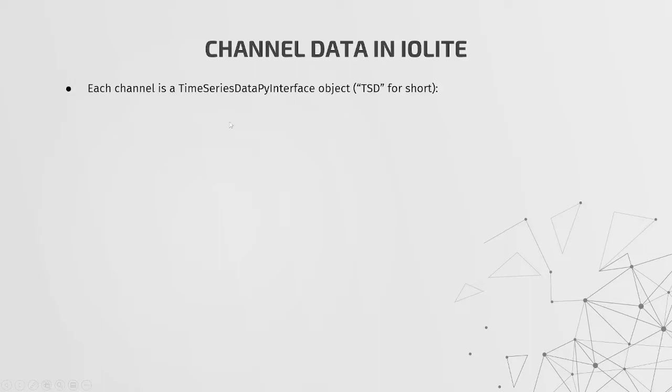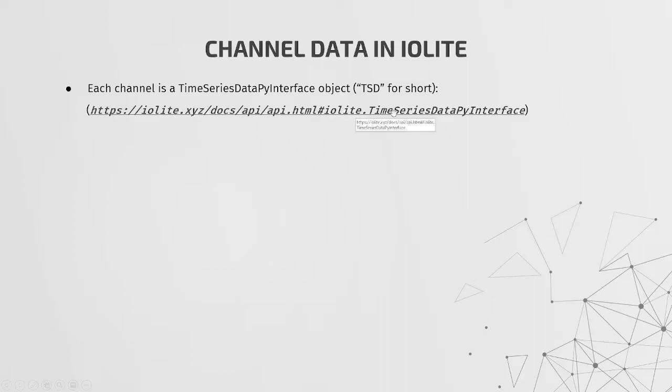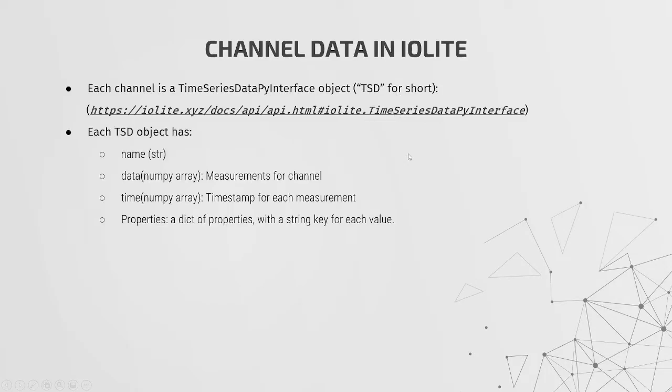Each channel is actually stored as a time series data Python interface object. We call it a channel object, or a TSD for time series data for short. And the API for that is documented here.